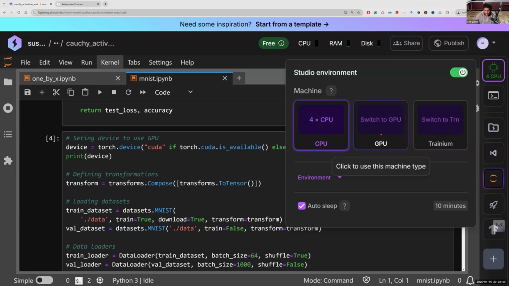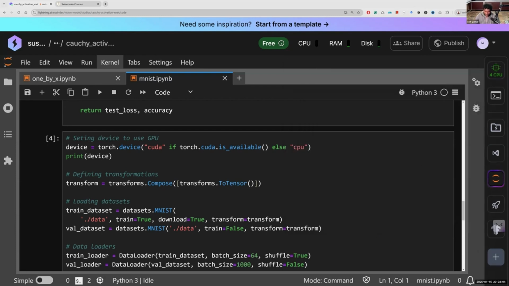If you switch to GPU, it'll run faster. Of course, it's a free account, so they don't give you A100 or H100. They'll give you one of the low-end GPUs. But I think they have a $50 per month plan, which will give you slightly higher-end GPUs. But this problem is small enough that we don't really need the GPU. Just for information, I wanted to tell you.